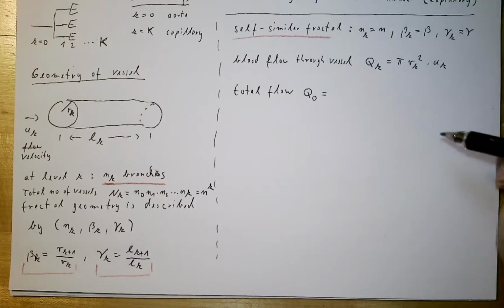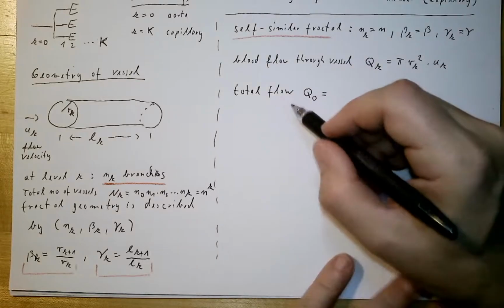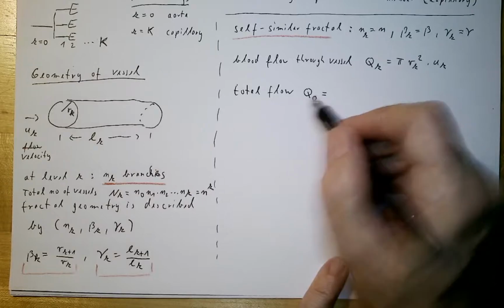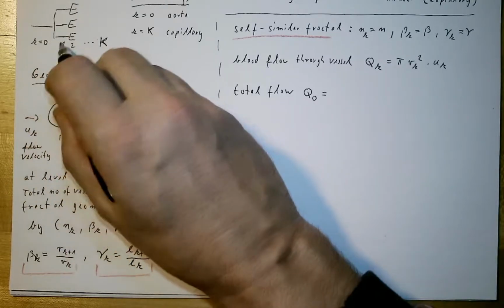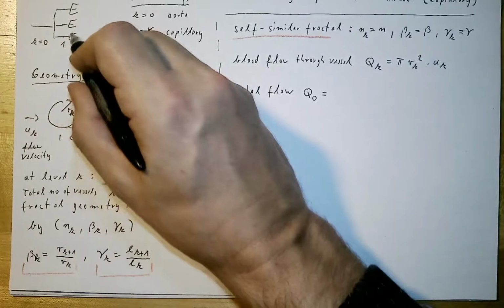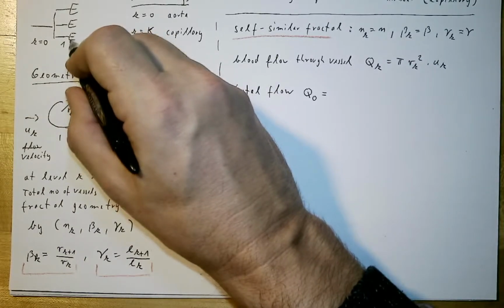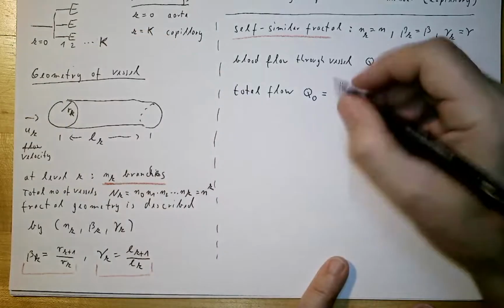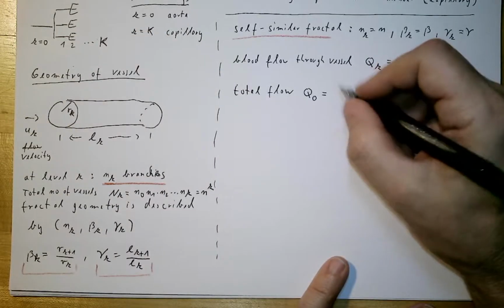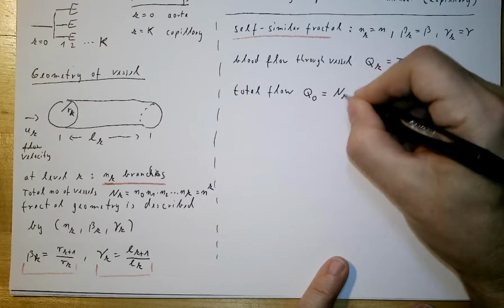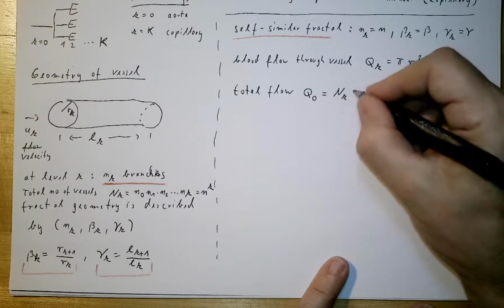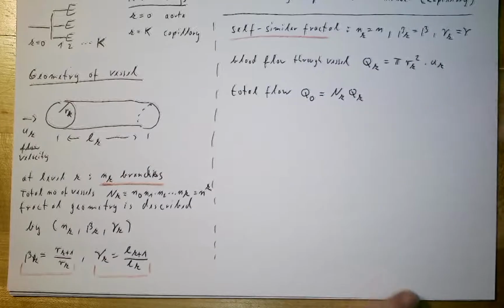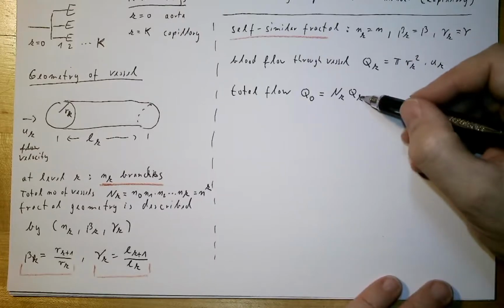And why is this important? Because if we want to know the total flow in the aorta, it has a certain value, and if I want to know the total flow at the second level, then I need to know the flow through a single vessel multiplied by the total number of vessels at level 2. So this must be equal to the total number of vessels at a certain level in the system times the flow through a single vessel at this branching depth.